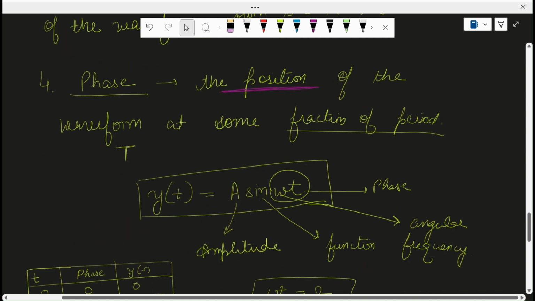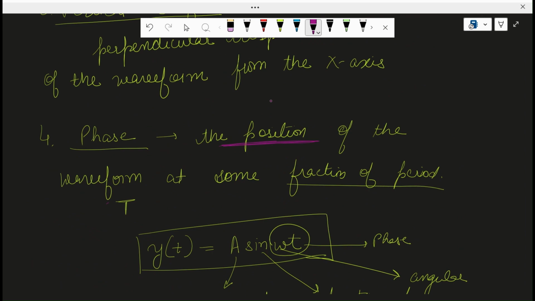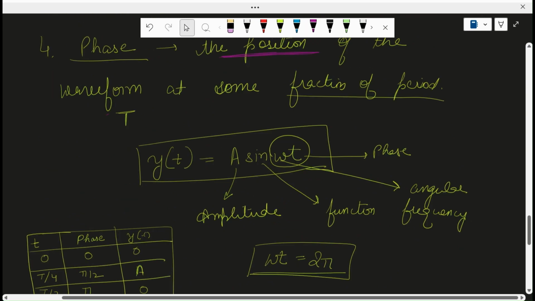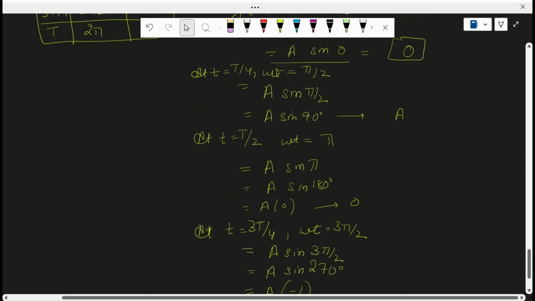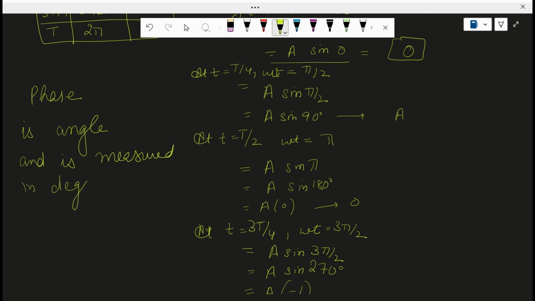So we can say from the definition, let us come to the definition again, the position of the waveform at some fraction of the period. I hope you have got this particular line now, and also you must have deduced that this particular phase is an angle, right, and is measured in degrees and radians, right?